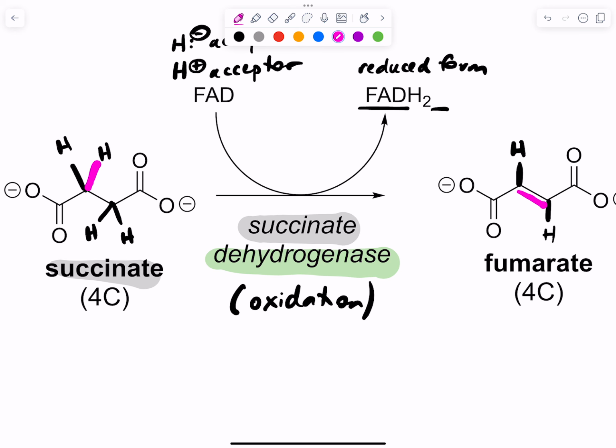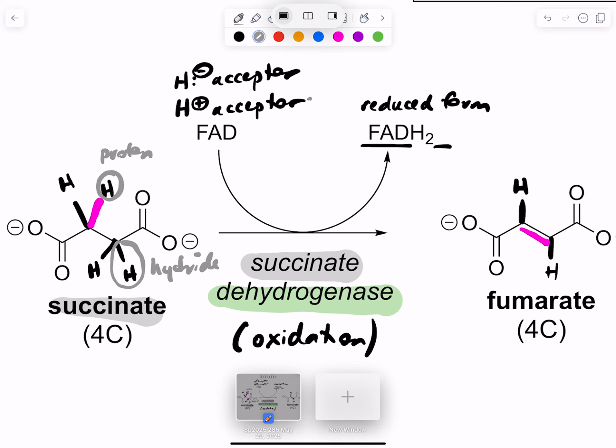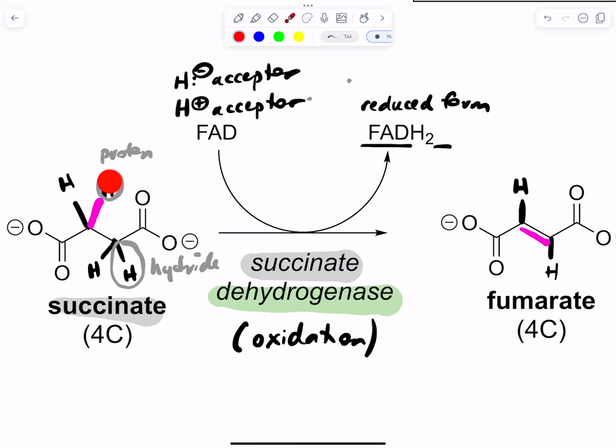So from the perspective of FAD receiving stuff, this is the proton it receives, and then this is the hydride that it receives. So the reaction will remove a proton from this carbon, electrons will kick down, and H- will leave, being received by FAD to give FADH2.